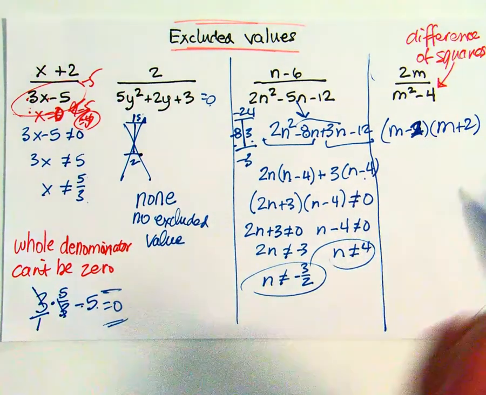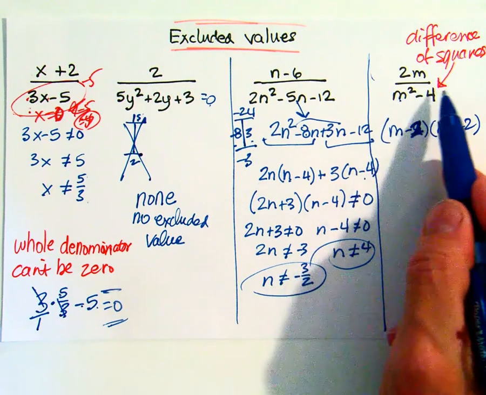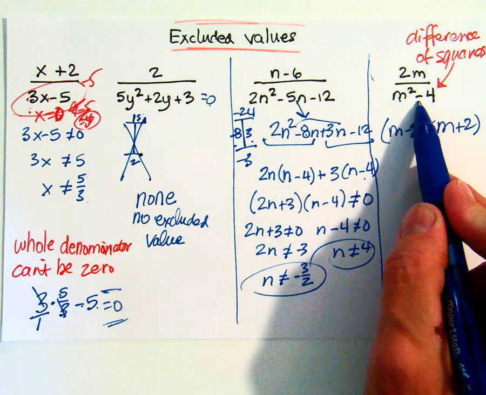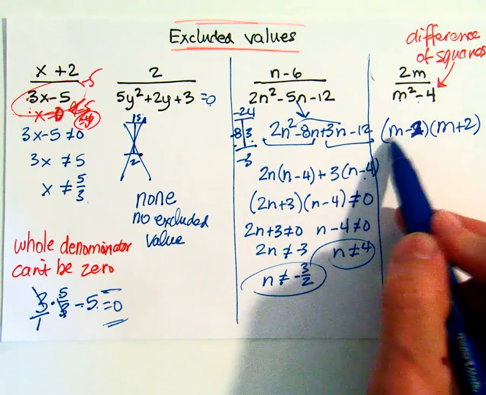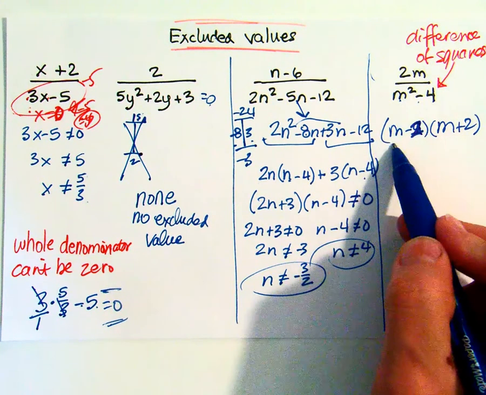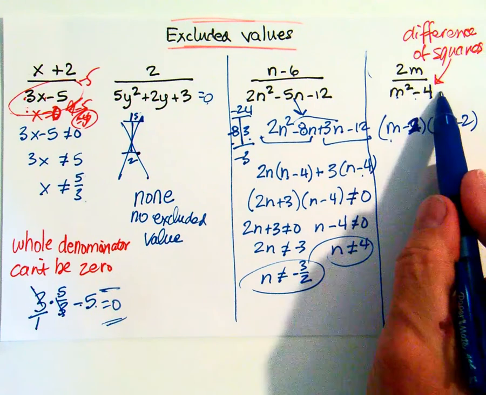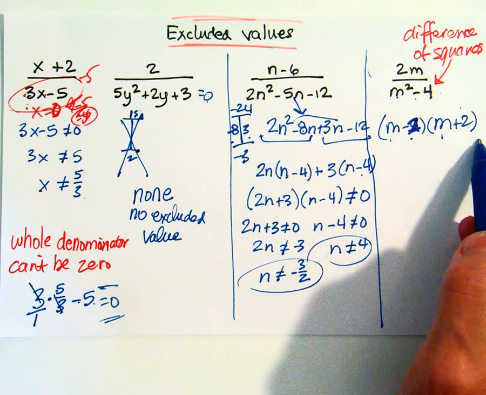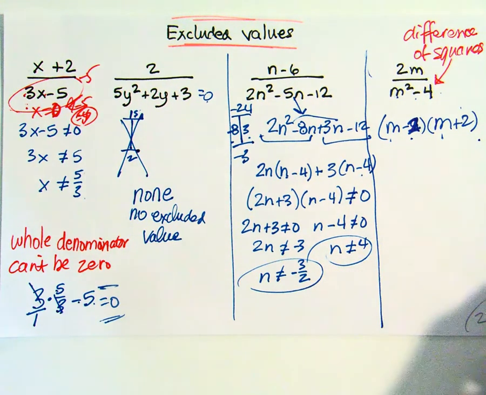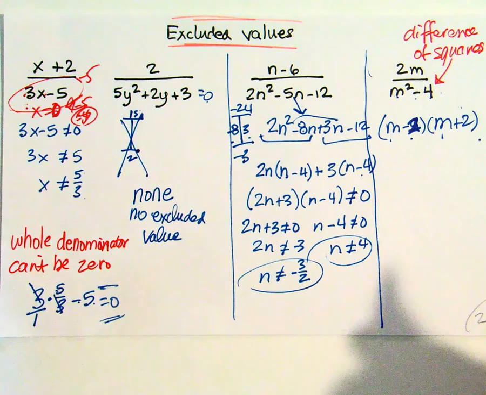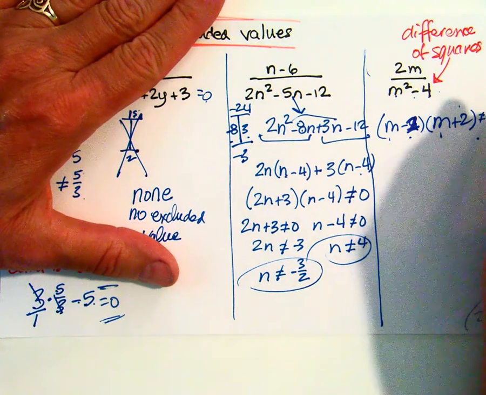Remember the difference of squares? There's a perfect square, there's a perfect square, and there's the difference. In the factors, it's the square root of them. Square root of m squared is m. The square root of 4 is 2, and 2. So it's m minus 2, m plus 2. Are the factors. Again, this cannot equal 0.